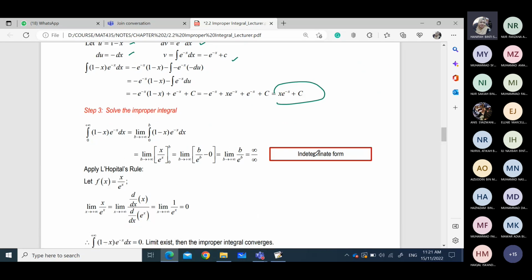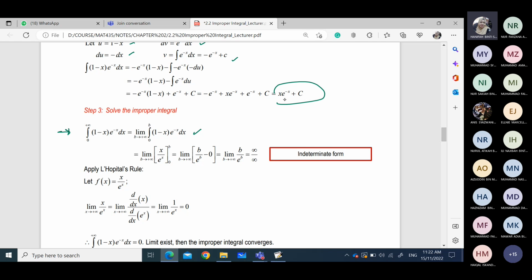Next we solve the improper integral. Based on the definition, the improper integral of 1 minus x times exponent negative x dx with the interval 0 to infinity is equivalent with the limit as b approaches infinity of the integral of 1 minus x times exponent negative x dx, with the interval 0 to b. So b is approaching infinity.